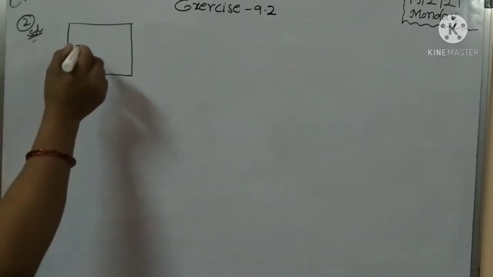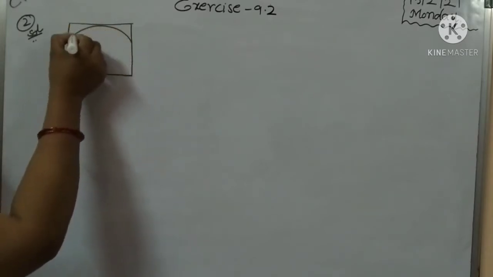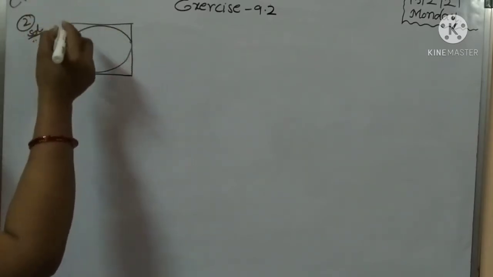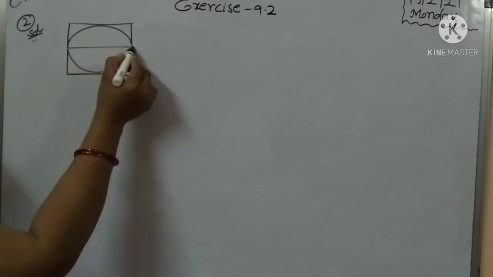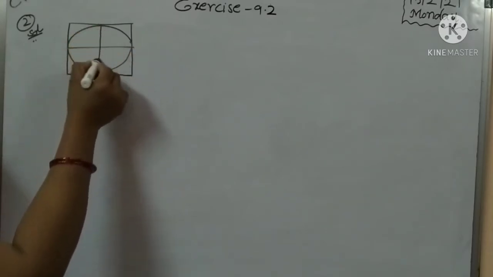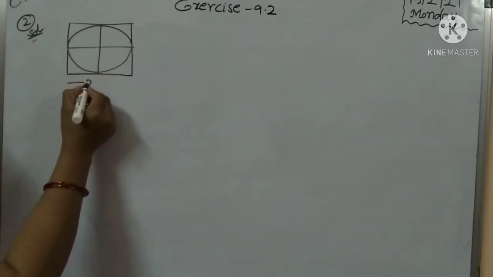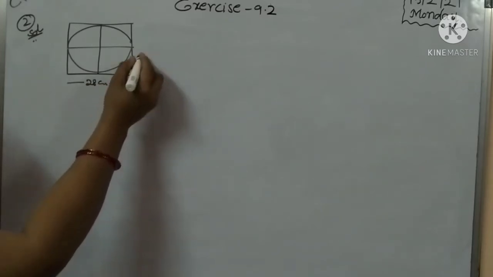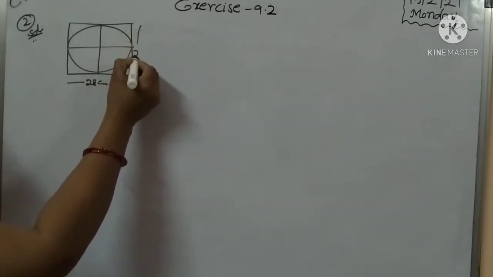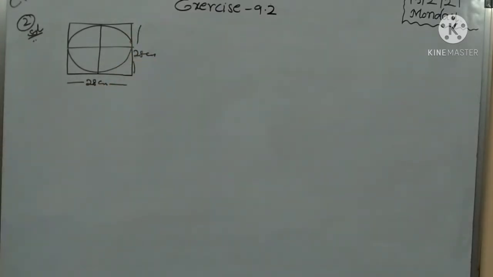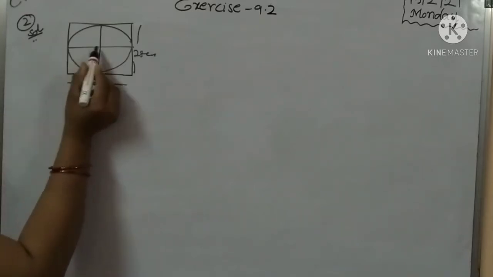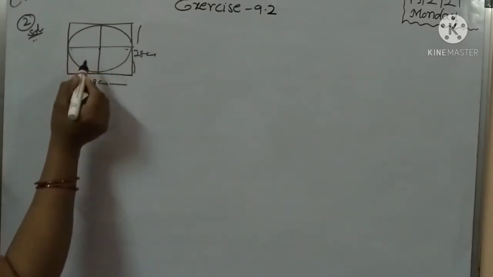Okay, these are the sides. Square means all sides are equal. So here already given the hint: diameter of a circle is equal to the side of a square. So it is a diameter.